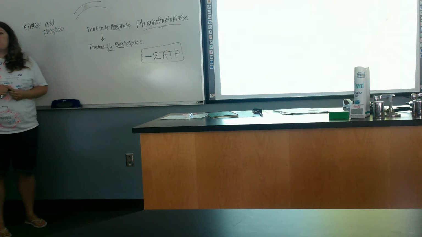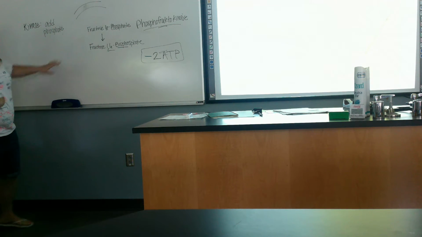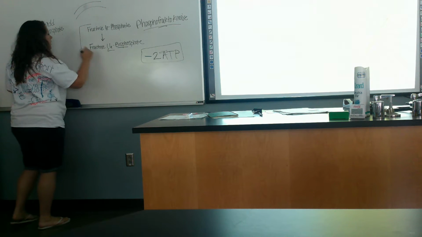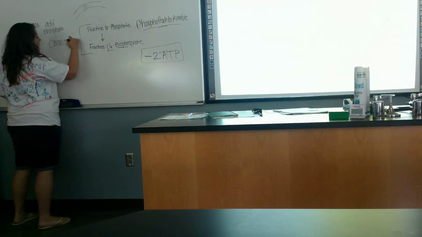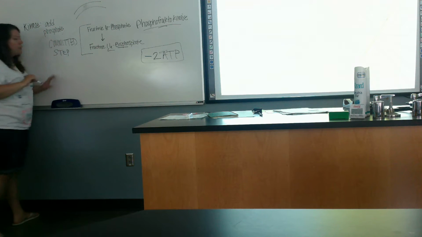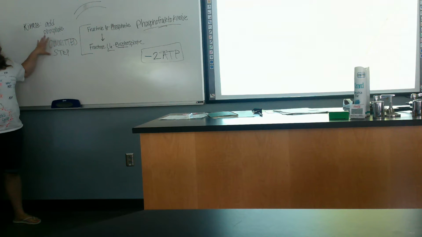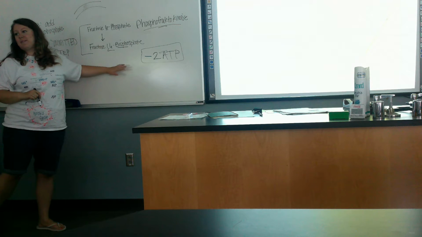Why we want to memorize that, I will get to in a little bit. This enzyme is really important. We call this step happening here the committed step. Pardon my language, but this is where it's getting real. That's how you can remember this. This is where we know we're going to go forward with this. We are committed.